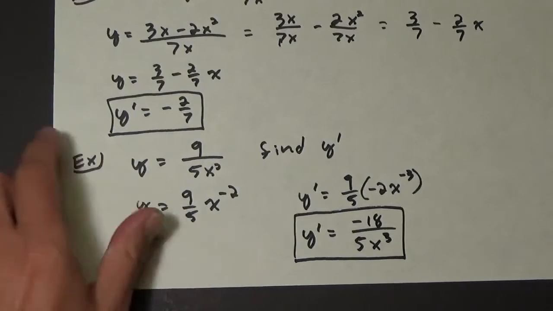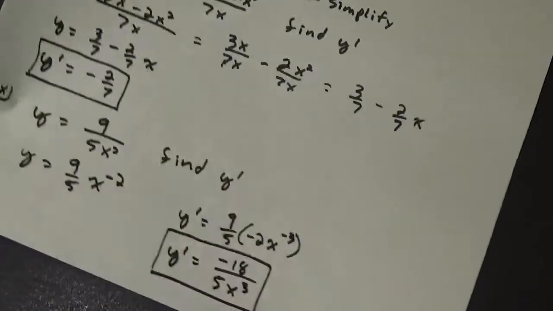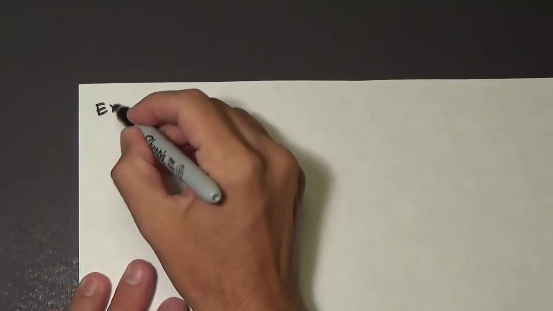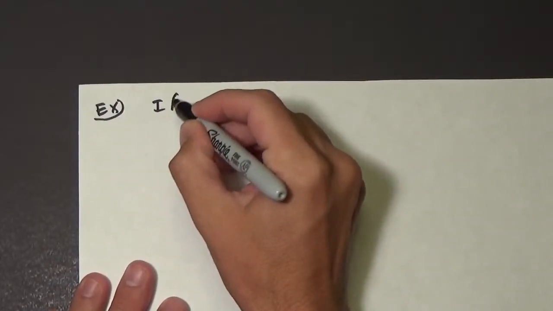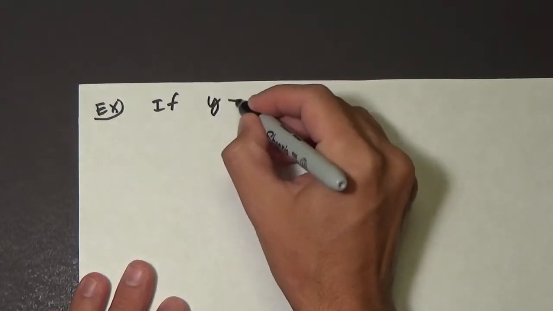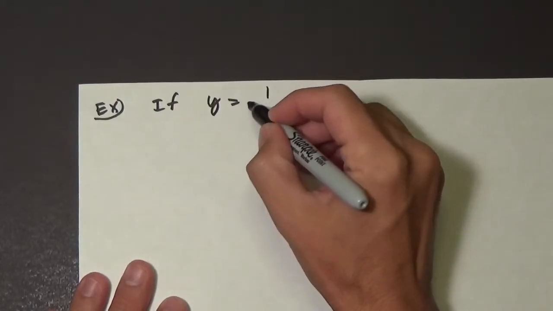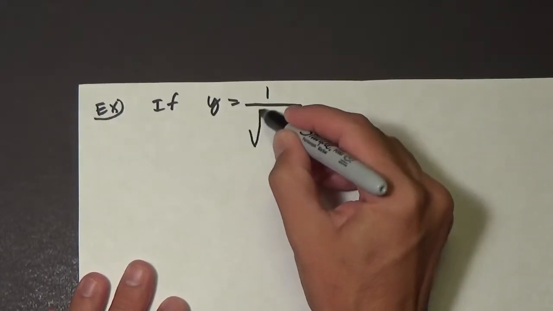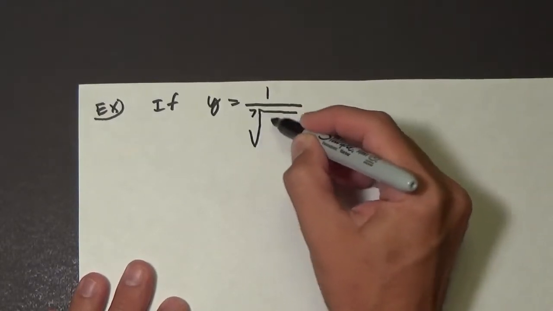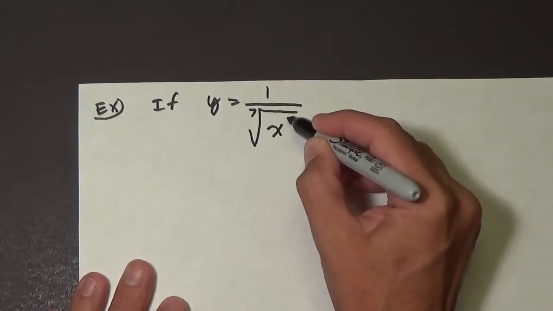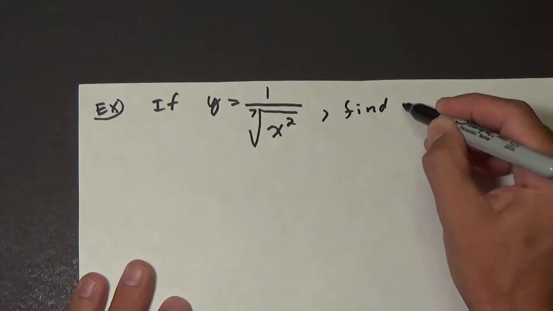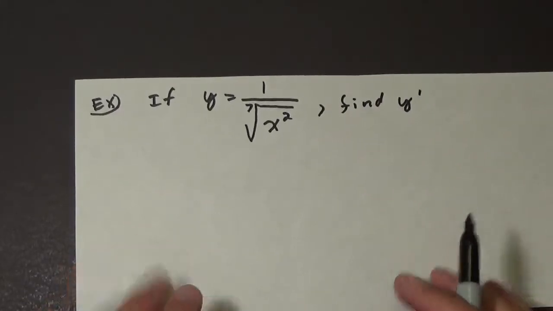Let's do one more. This is a good one here. For this example, if y equals 1 over the 7th root of x squared, find y prime.